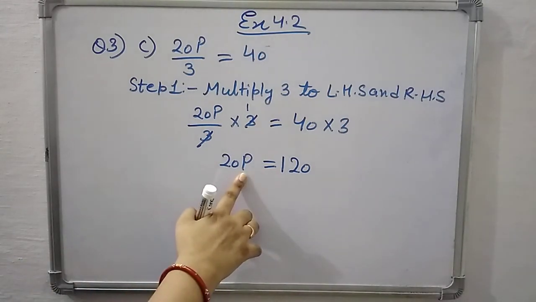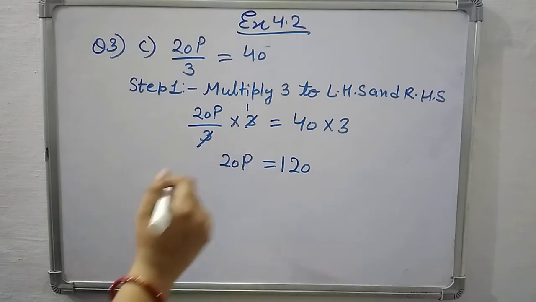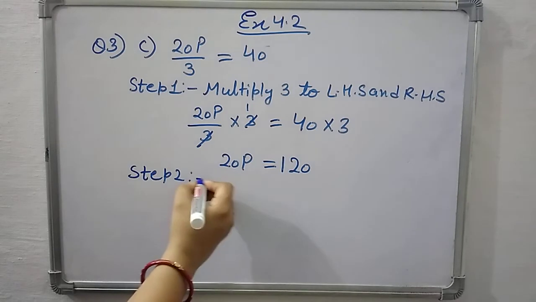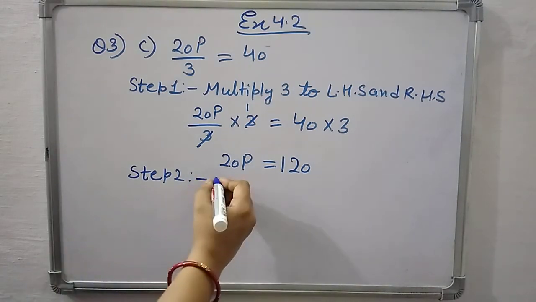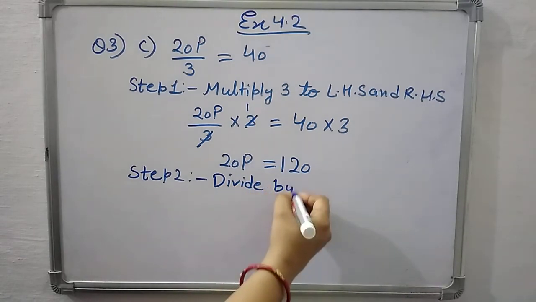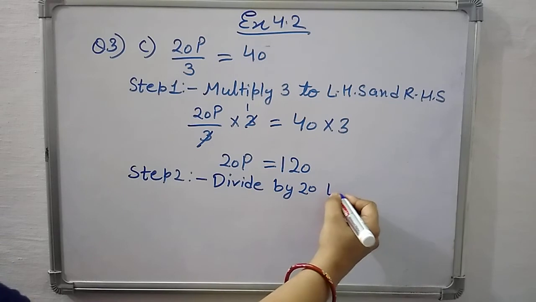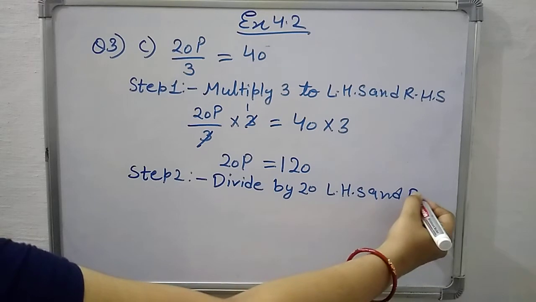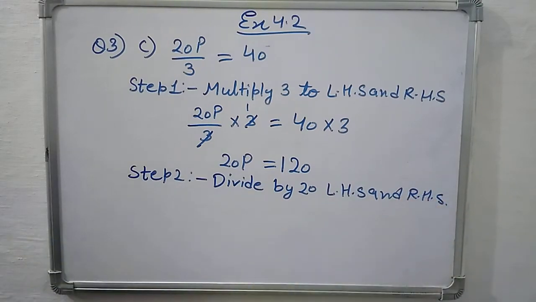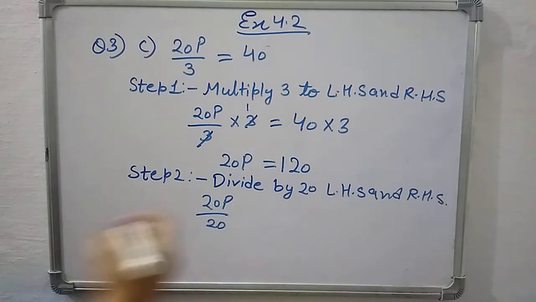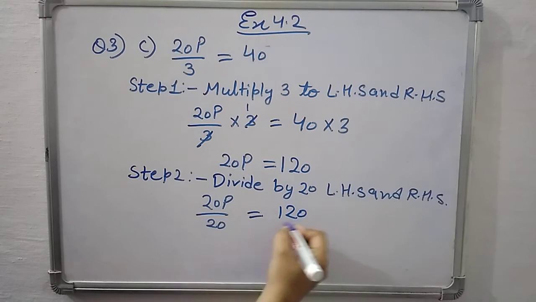Now again our variable p is not separated, so we'll apply another step. Step 2. For that we need to divide LHS and RHS by 20. So equation can be written as 20p divided by 20 equal to 120 divided by 20.